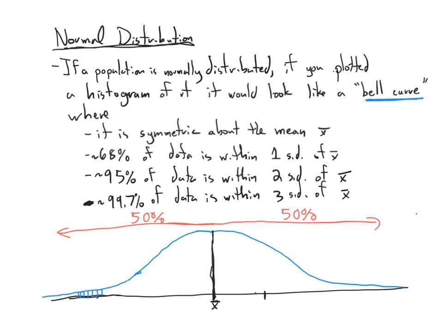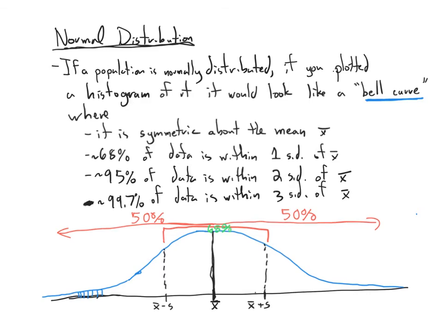So within one standard deviation, if I add a standard deviation and subtract a standard deviation from my mean, within here is going to be 68% of my data. So within here is, I'll do it in a different color, I'll do it in green, 68%.